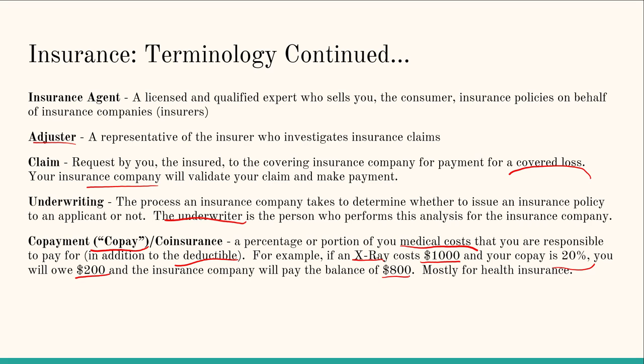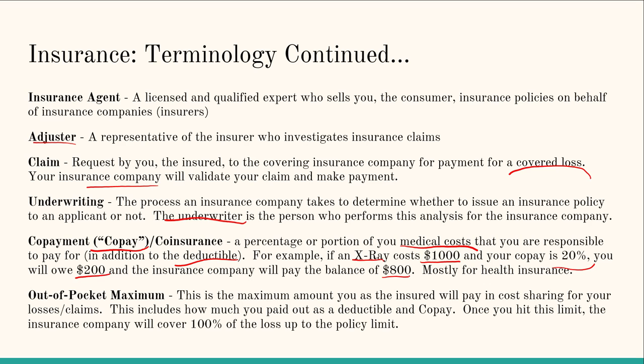So you may end up paying copay, but once you hit the out-of-pocket maximum between what you pay for the deductible and the copay, then the insurance will cover you 100%. Okay, so this is the next term, out-of-pocket maximum. Again, this is the amount that you pay out of pocket, and once you hit this limit, the insurance will cover you 100%, as I just said.